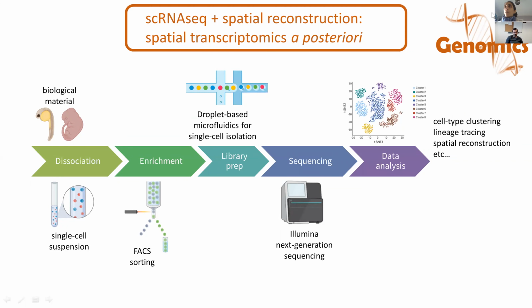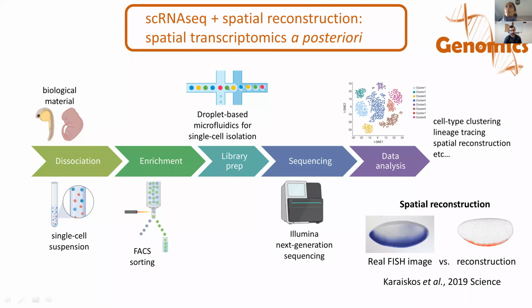And finally, a very important part is the data analysis. So as I showed you before, you can do cell type clustering to try to identify your different cell types of interest. You might want to do lineage tracing, but actually what we really want to do here is spatial reconstructions. So there are different ways you can do that.